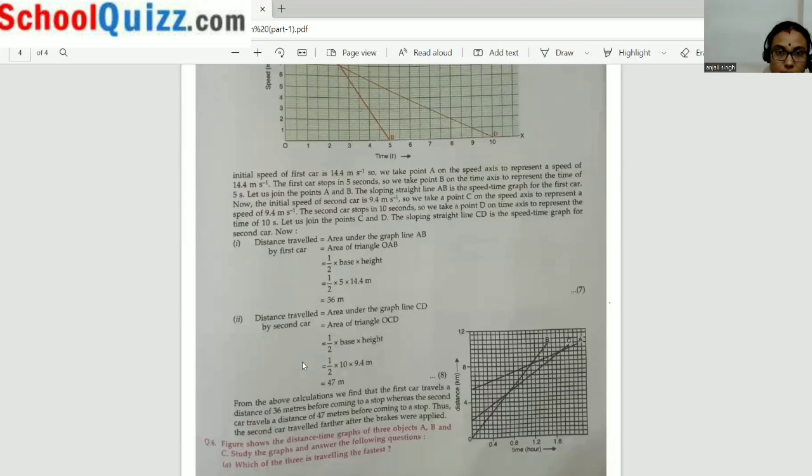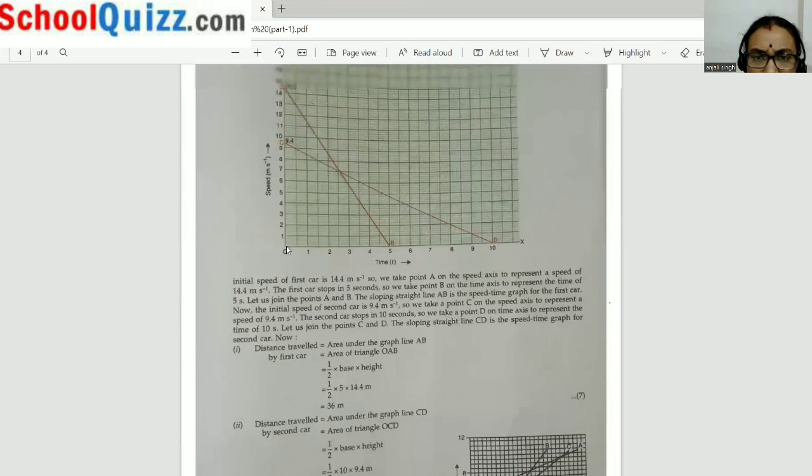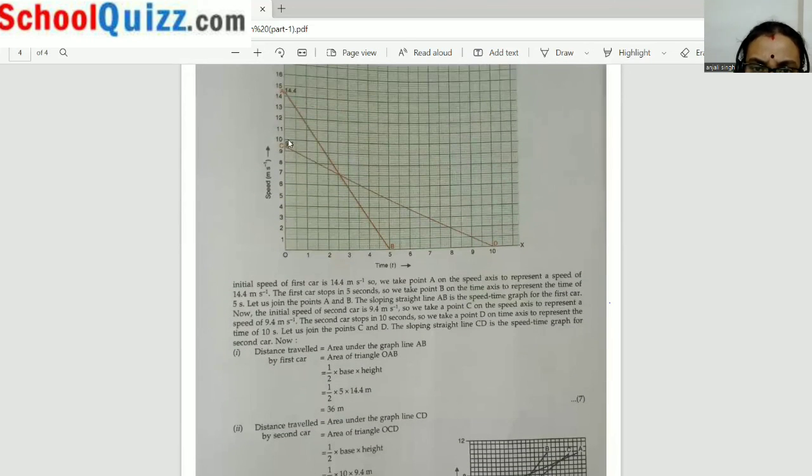Okay, and distance travelled, for the first graph you can see, in that type of question you always have to take the triangle OAB. So this is the first graph, OAB. Clear? So in OAB, half base into height. Base will be what? Time will be 5 seconds. Height will be 14.4.